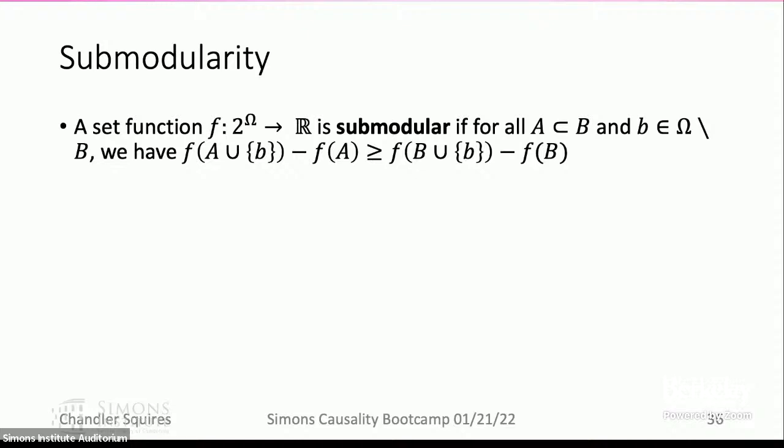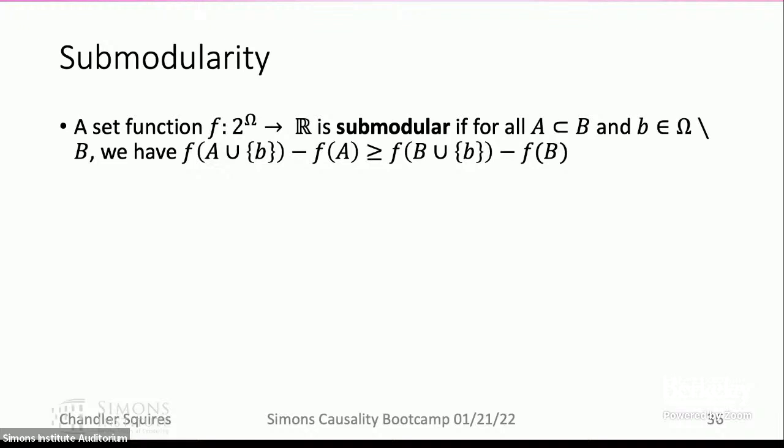We'll assume that we have a total set or universe omega, and we can take in any subset and return a number. It's submodular if you have this diminishing returns property. If I have a set A that's contained in a set B, then adding the element B to A increases the value of the function more than if I added the element to the larger set.